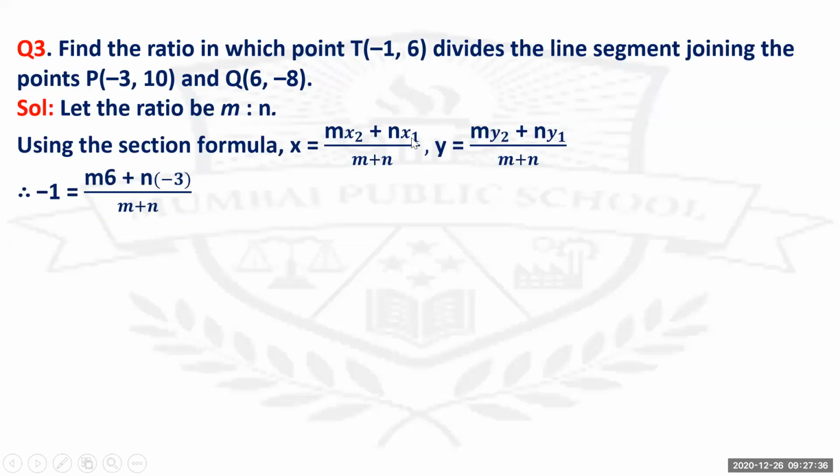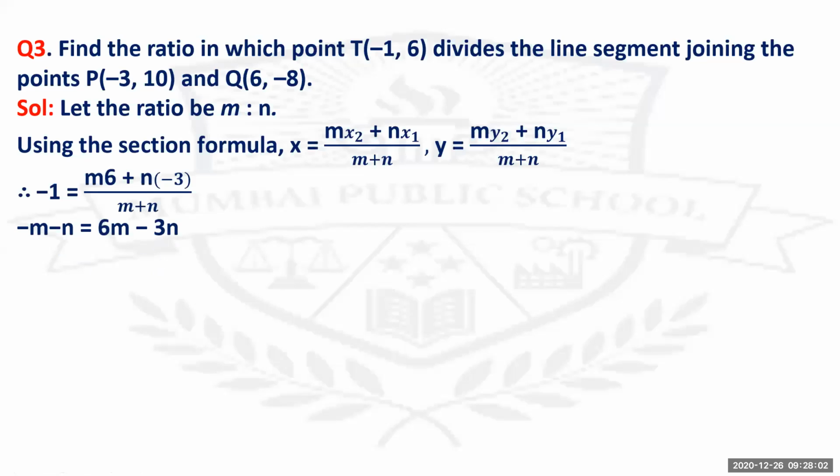So what happens here is x1 is minus 3 upon m plus n. You don't know this value of m plus n. Okay. What you will do is you'll cross multiply in the next step. After cross multiplication, check m into minus 1 will give you minus m. Minus 1 into n would give you minus n. So minus m minus n equals to 6m minus 3n.